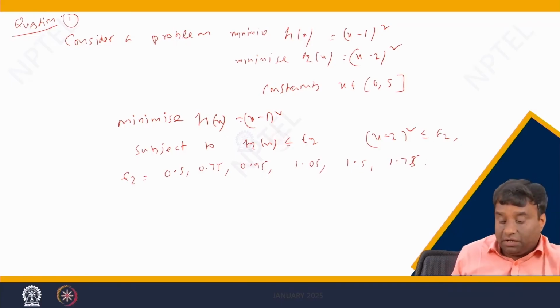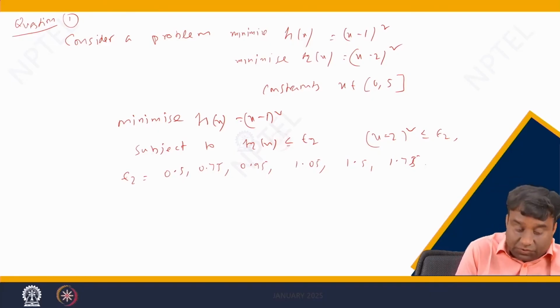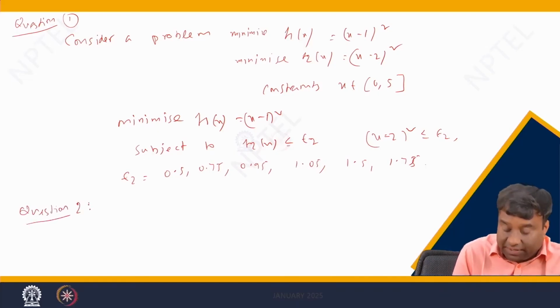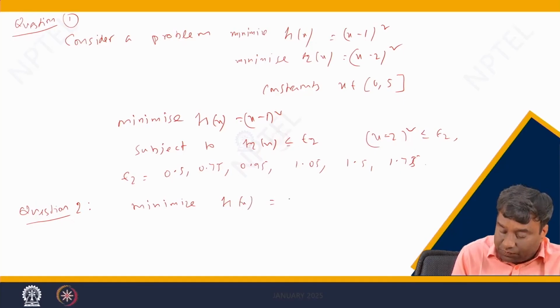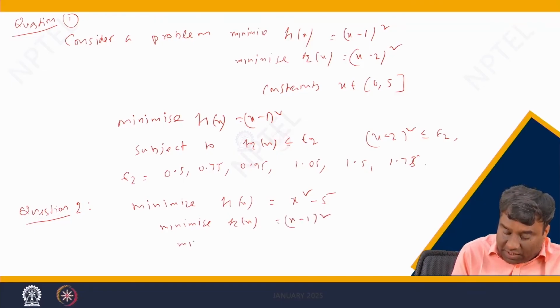It can be for three objectives also. So question 2 is: minimize f1(x) equal to x squared minus 5, minimize f2(x) equal to (x minus 1) whole squared, minimize f3(x) equal to (x minus 2) whole squared, something like that.